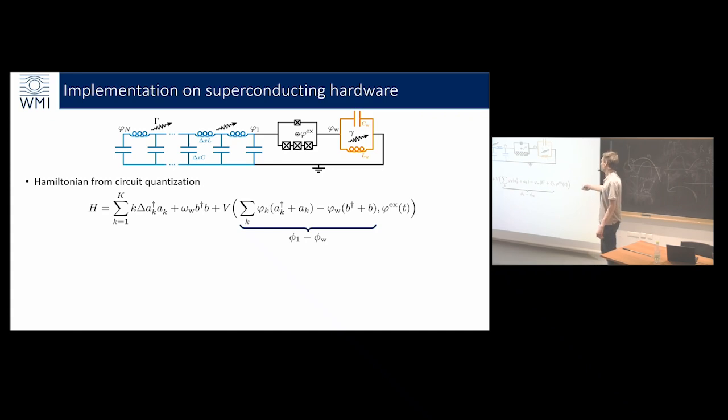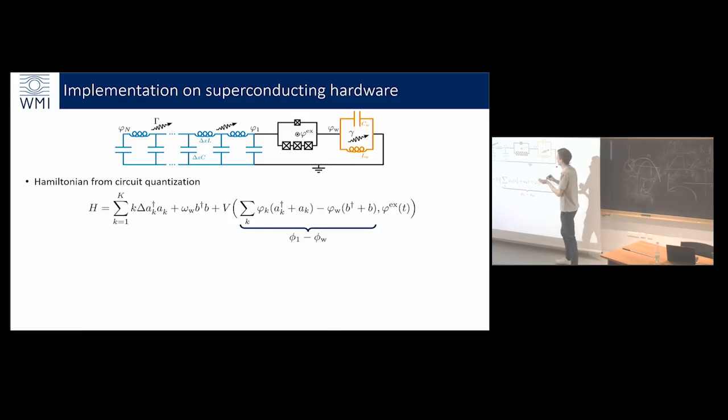From the circuit, we can derive a Hamiltonian. So first of all, you see the K modes at equal energy spacing, the waste mode. And then the term which is important, which comes from the snail coupler. This is basically a potential in terms of the flux degrees of freedom, which is something like positions in the circuit. And it depends on an external flux, which penetrates this loop.